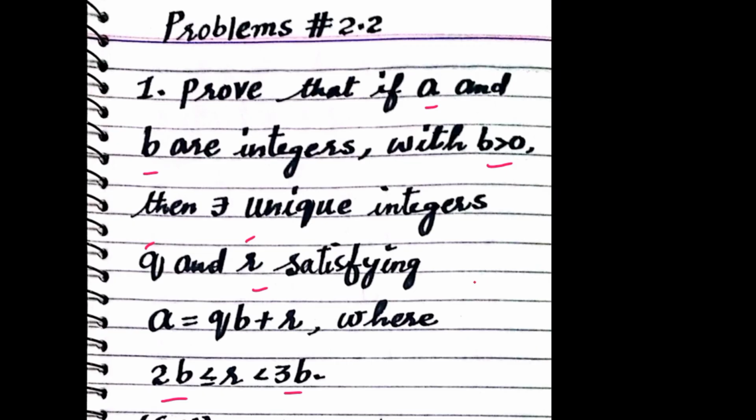Actually, this is the modified form of the standard division algorithm. In the standard division algorithm, when you write a is equal to bq plus r, your remainder always lies between the numbers 0 and b.